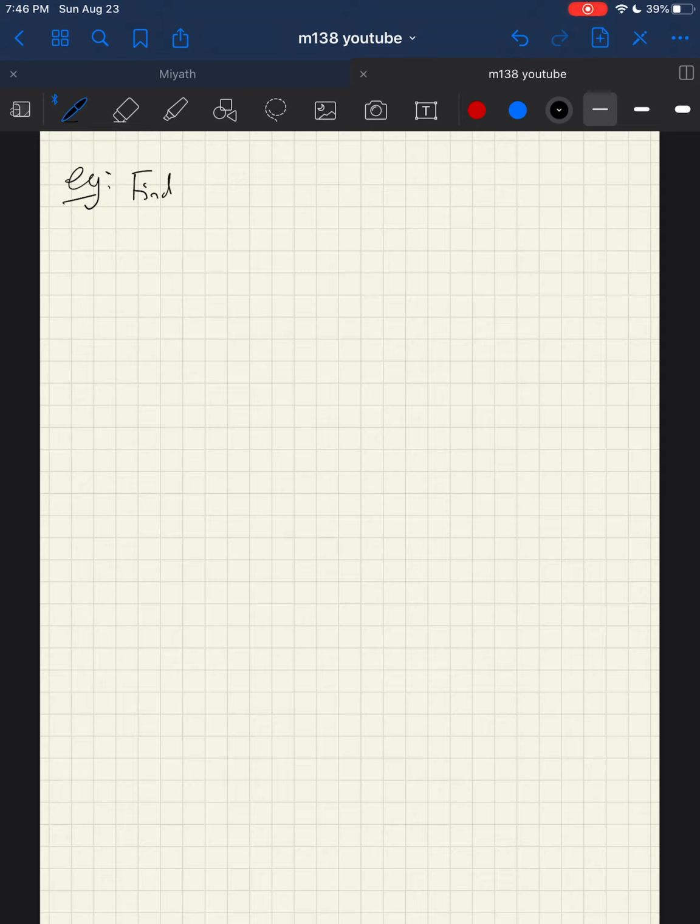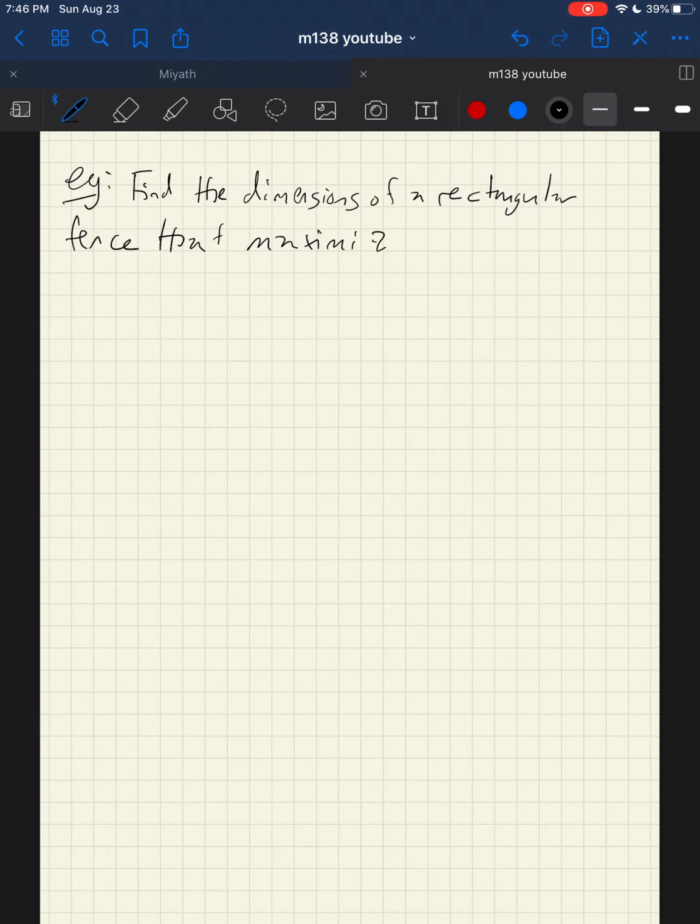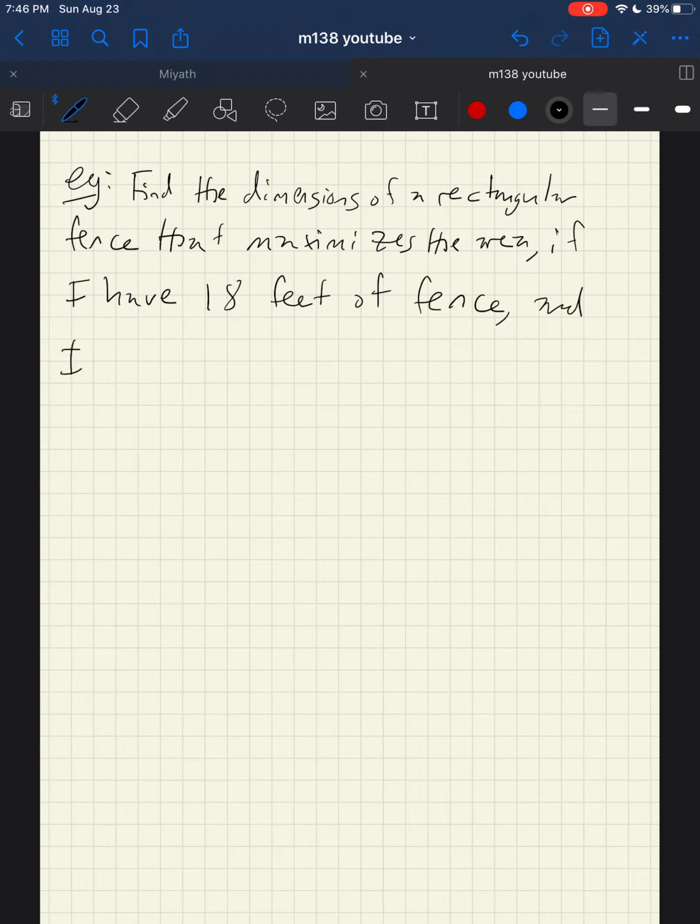So find the dimensions of a rectangular fence that maximizes the area if I have 18 feet of fence, and I can use the side of my house as one of the walls.